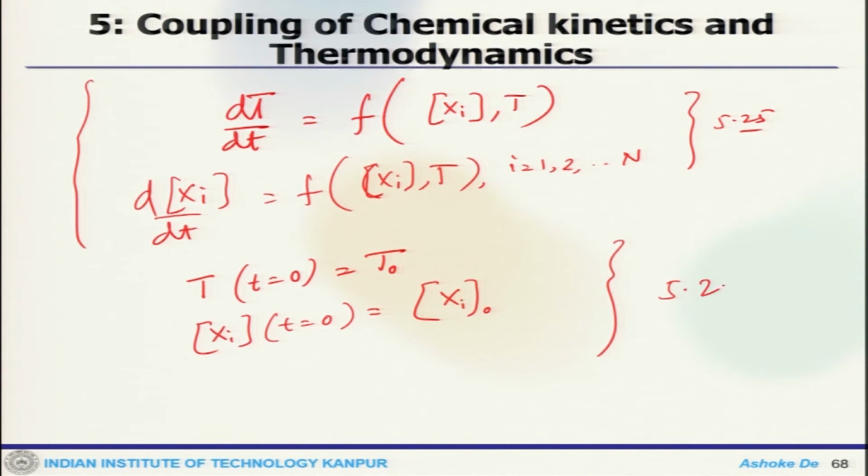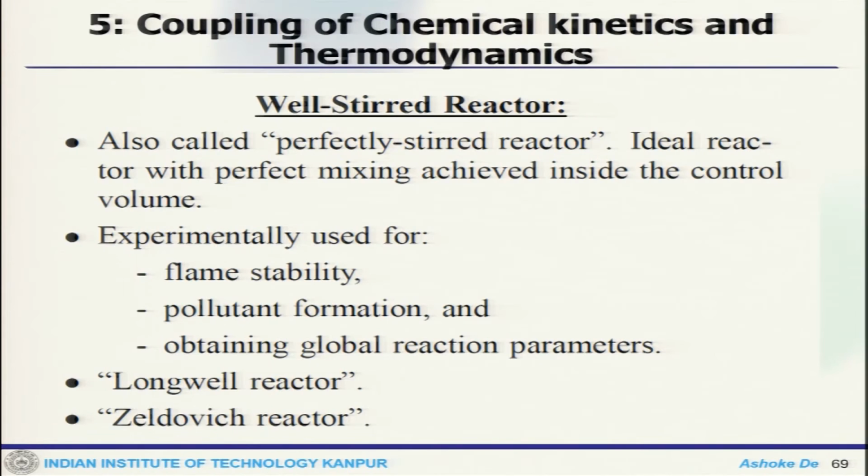So, these are the initial conditions. So, this set of equations can be solved subject to this initial condition. Now, that is how you get the solution for the temperature and the concentration in the volume constant reactor. Now, we will go to the well stirred reactor.